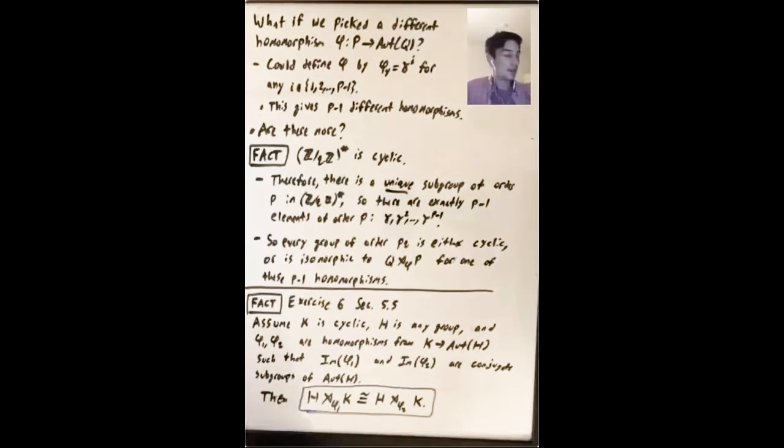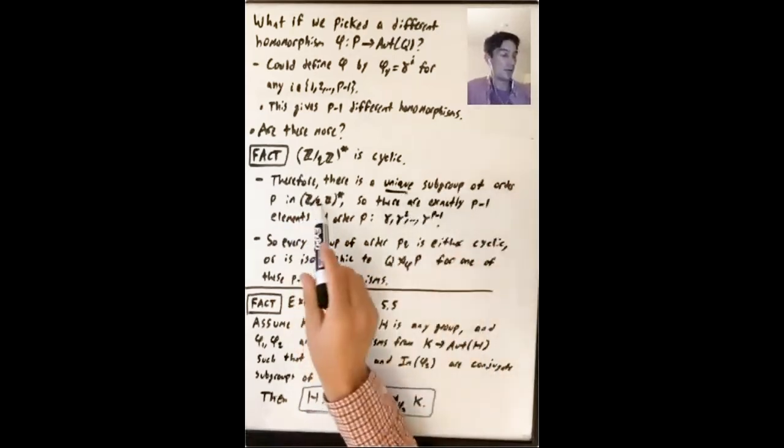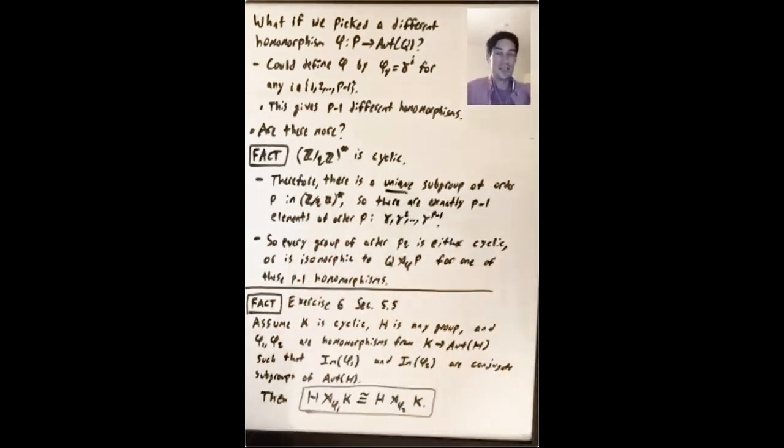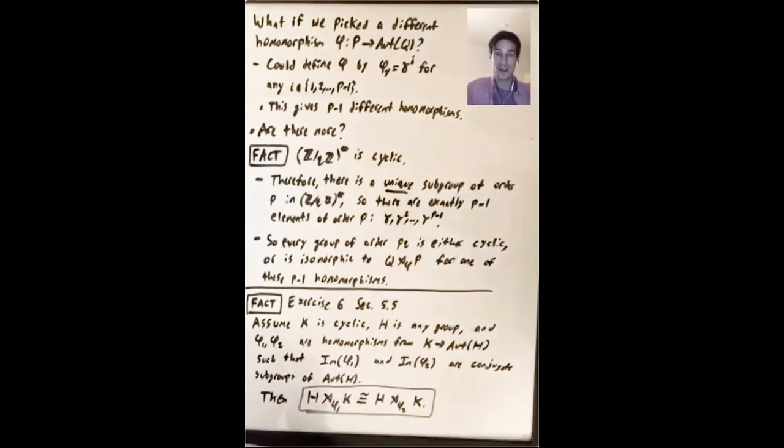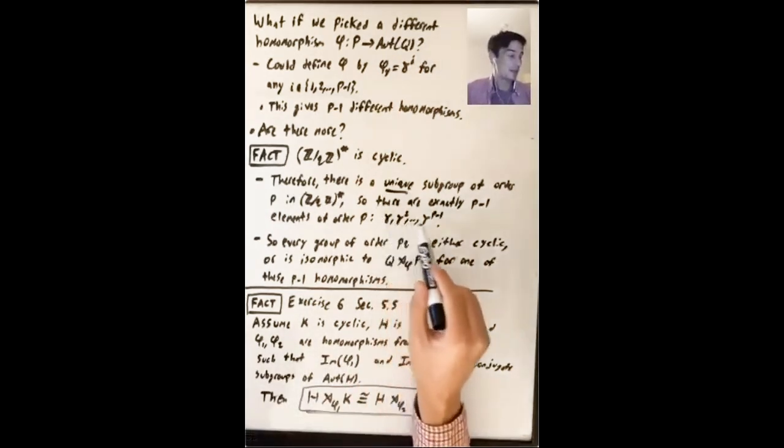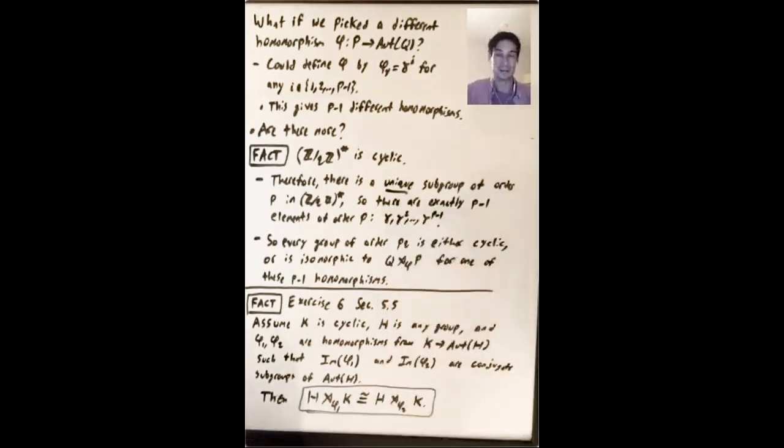So in particular, it has a unique subgroup of order p. That means there are exactly p minus 1 elements of order p in (Z/qZ)*, in Aut(Z/qZ). And what are those elements of order p? We already named them. They're gamma, gamma squared, gamma cubed, up to gamma to the p minus 1.